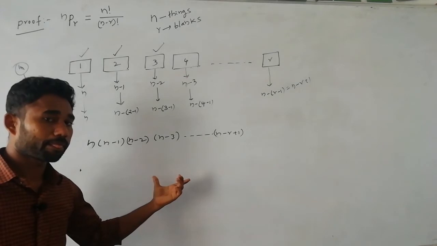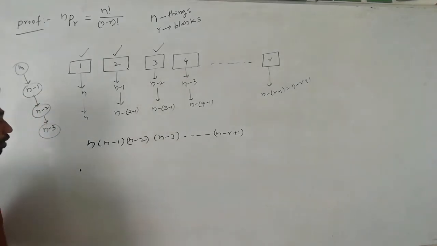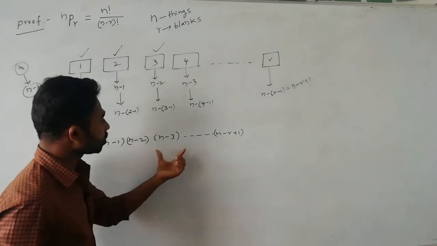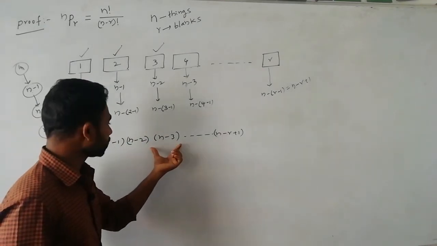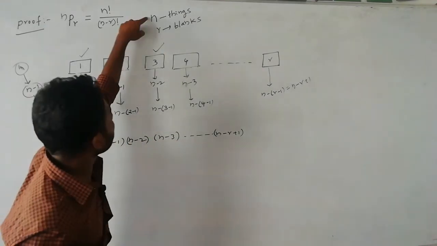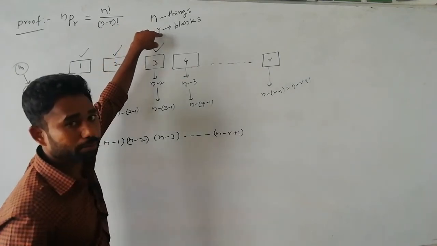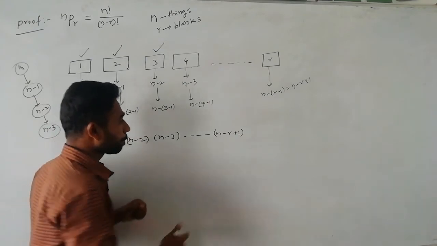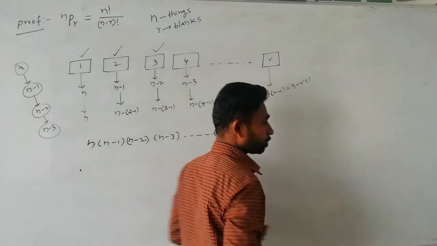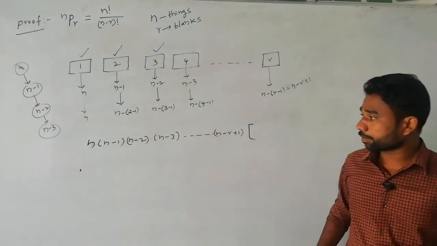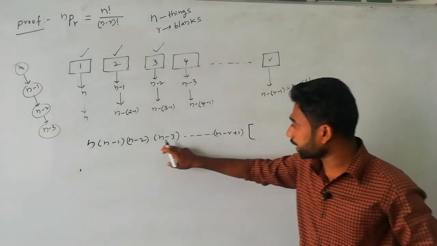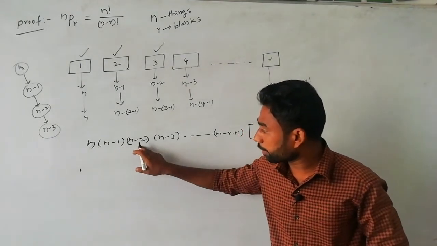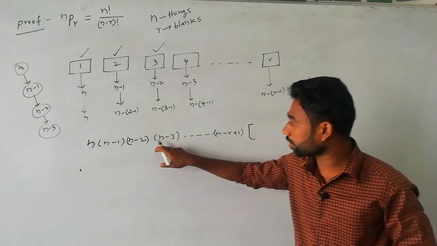Okay, listen once. This is one term. In this way we can arrange the n numbers in r blanks. But how to get the formula? We wrote the previous numbers in descending order, not ascending order: n minus 1, n minus 2, n minus 3, decreasing by one always.